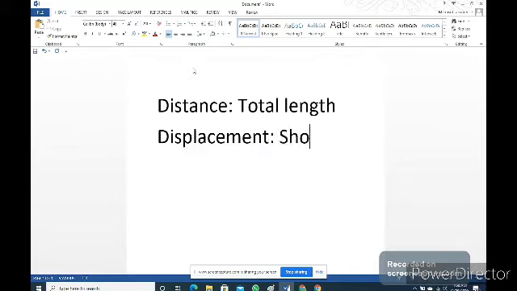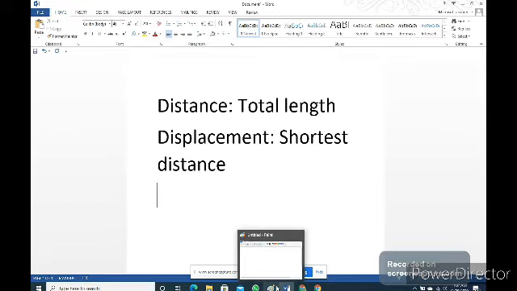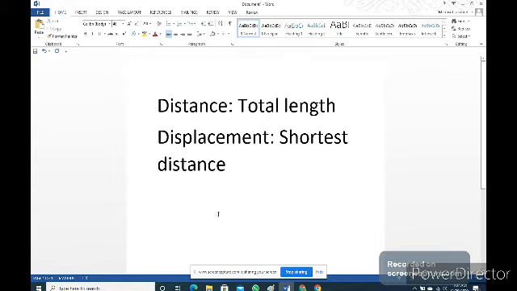There are different types of motions. First is rectilinear motion, where an object moves in a straight line, and there is oscillatory motion, for example a pendulum clock, when it starts from the mean position, goes to the extremes and comes back to the mean.